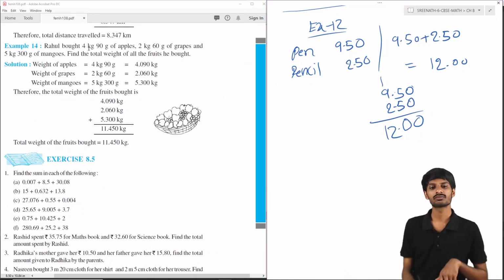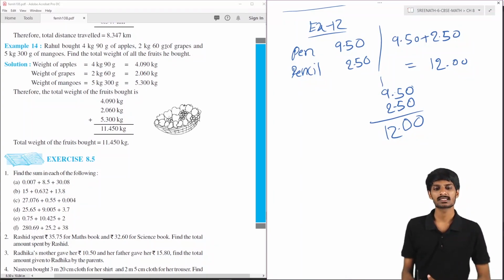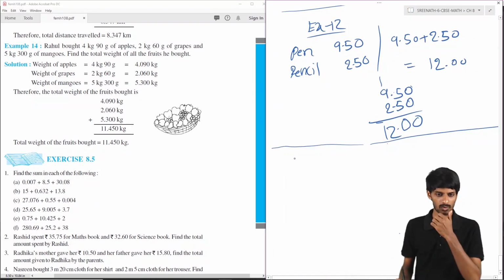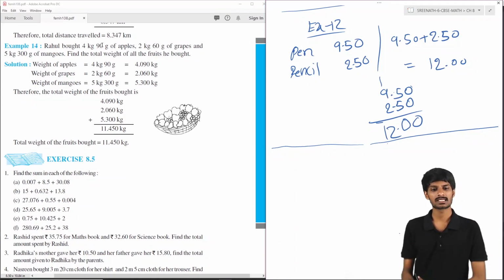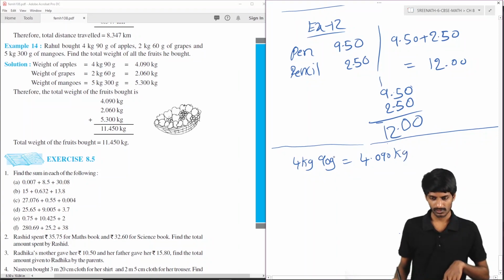So Rahul bought 4 kgs 90 grams of apples, 2 kgs 60 grams of grapes, and 5 kgs 300 grams of mangoes. Find the total weight. Okay, students, what is the weight of apples? That is 4 kgs 90 grams, so that is 4.090 kgs. Why, students?